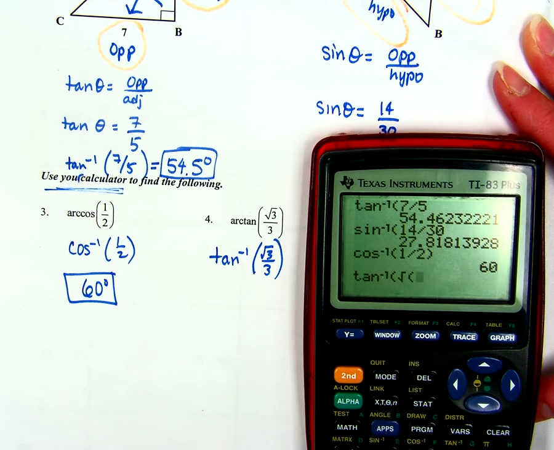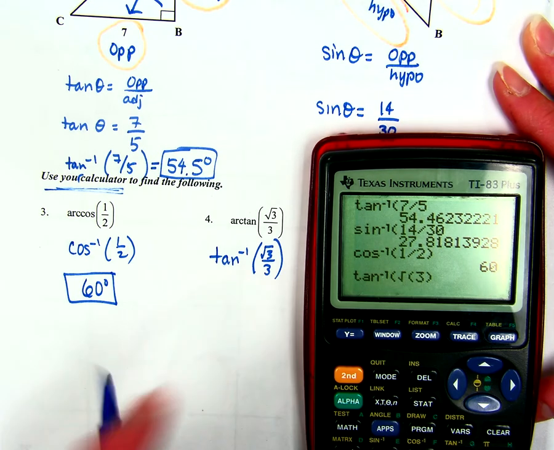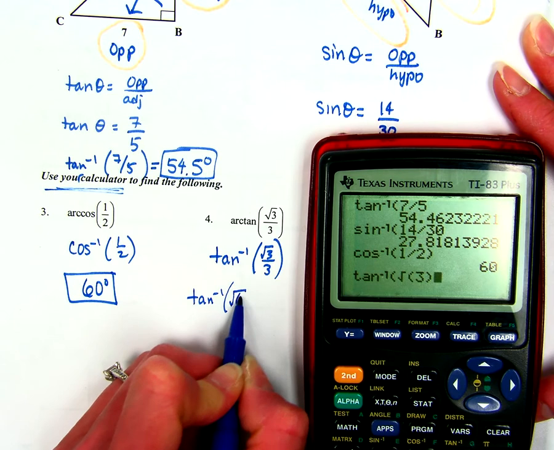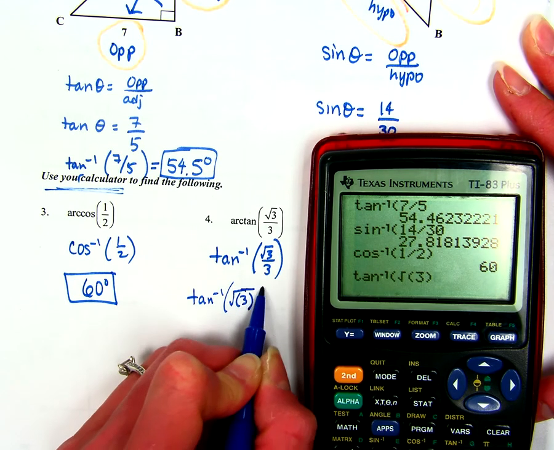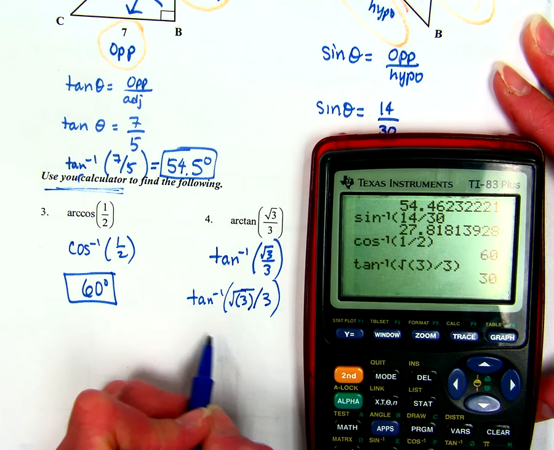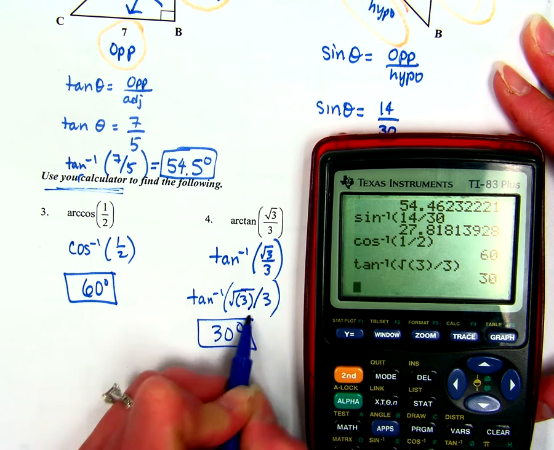I need to do square root of 3, but I have to close the parentheses. Make sure that you do that. That's the biggest thing. So what I'm really typing in my calculator is √3, closing the parentheses, then dividing by 3. Then I can close the parentheses again if I want. When I do that, my answer is 30 degrees.